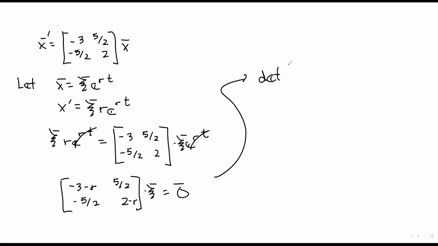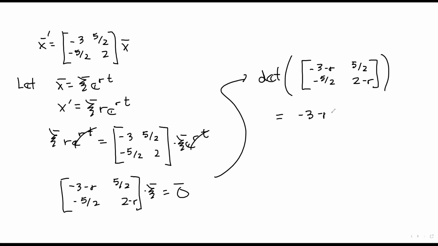So we have the determinant of -3 minus r, 5/2, -5/2, 2 minus r. That's going to equal (-3 minus r)(2 minus r) plus 25/4. That equals r squared.